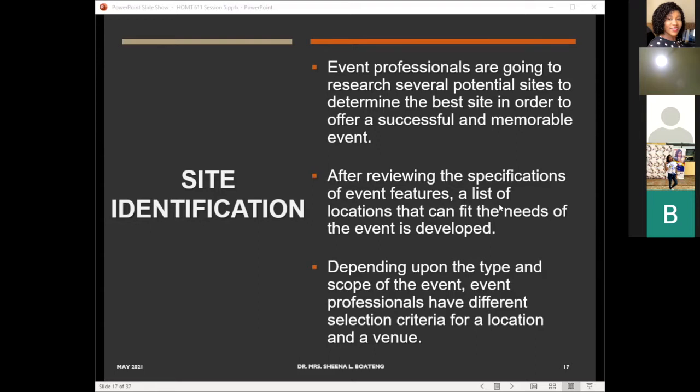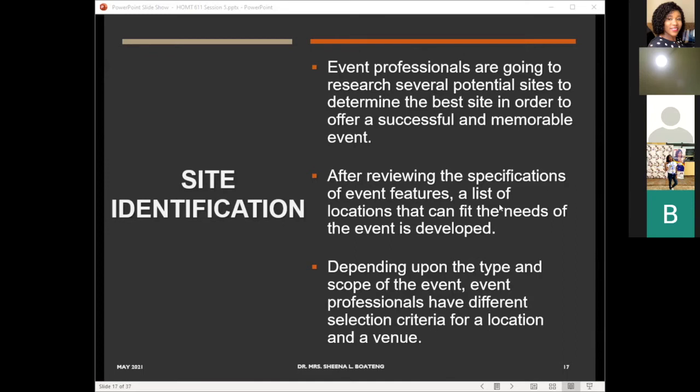So once we are able to do our research and find possible locations that fit this bill, we need to independently go and visit each of these locations to see if they possess each of these characteristics that fit what we are looking for in the particular events that we are trying to organize. So depending on the kind of event we are organizing, like we identified in the specification stage, the criteria that we are looking for in each event site will be different.